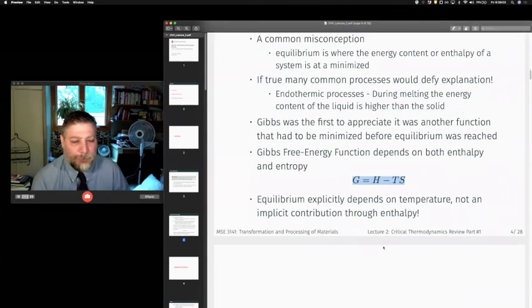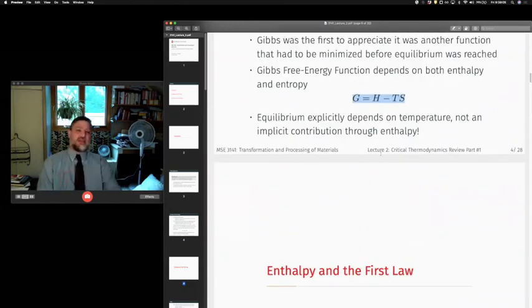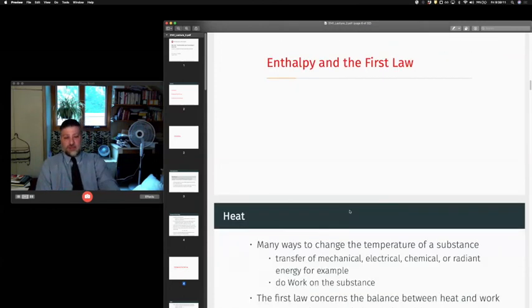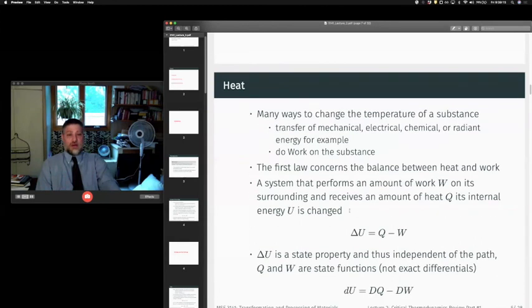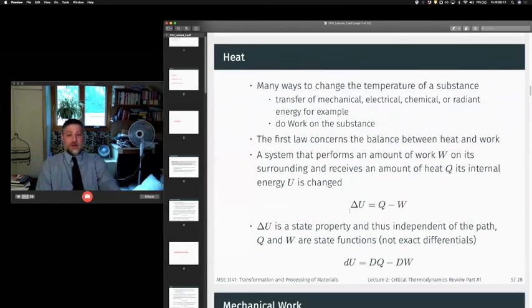But let's keep going. So let's start with this enthalpy term and the first law, and then we'll get back to this entropy term here. Oh, shoot. I just realized something.